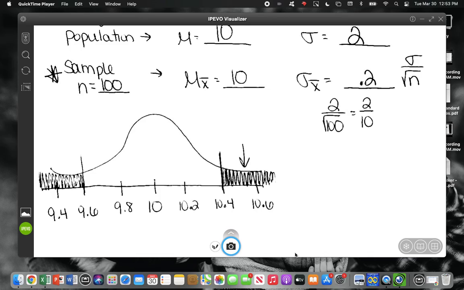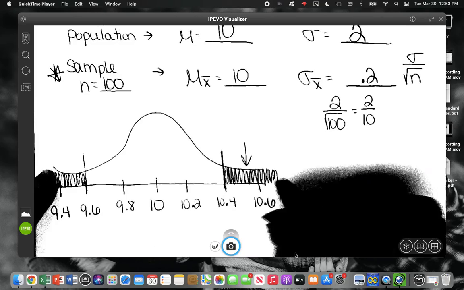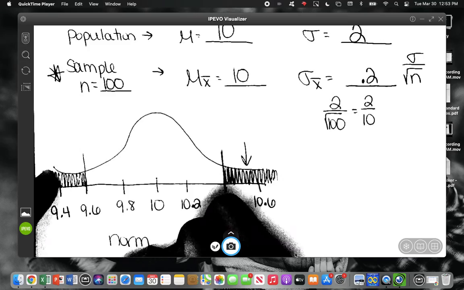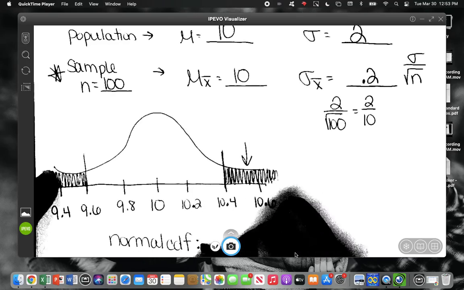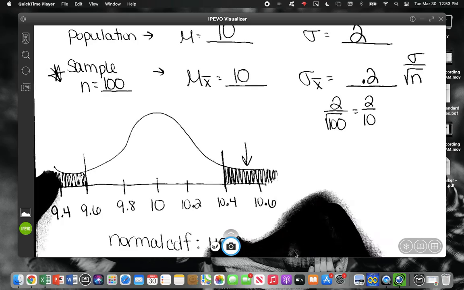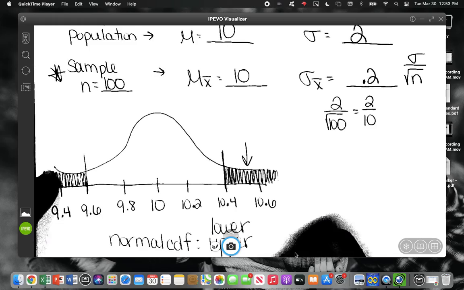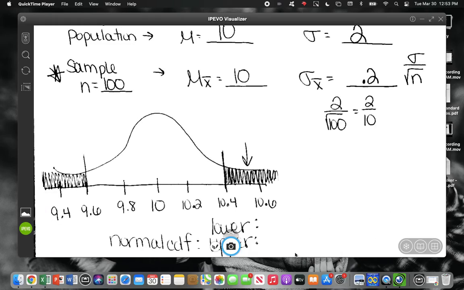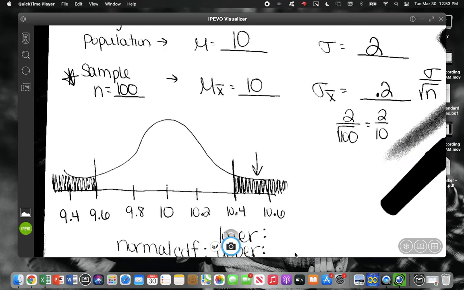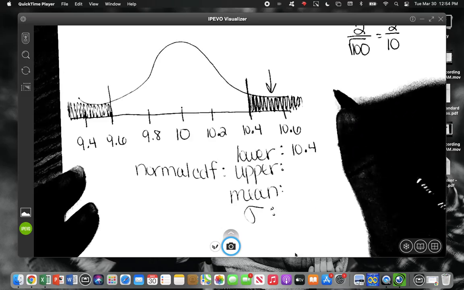All right, so we are doing that normal CDF. Now what am I going to put in for the lower into my calculator for this one? 10.4 is going to be my lower.